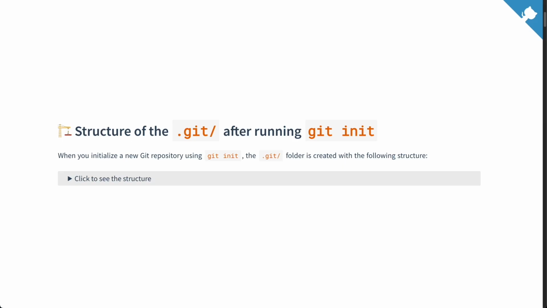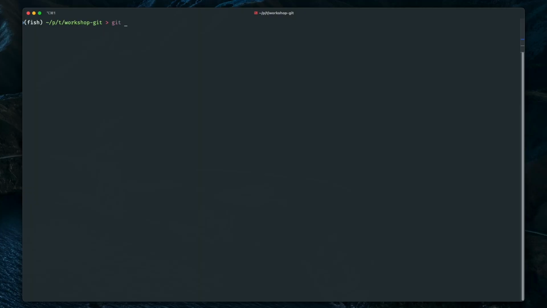Let's start with the most basic action, git init. Run it in an empty directory and Git creates a .git folder. Let's look what's inside. I will remove unnecessary files for clarity. The actual .git contains a few more files, but these are not important ones.